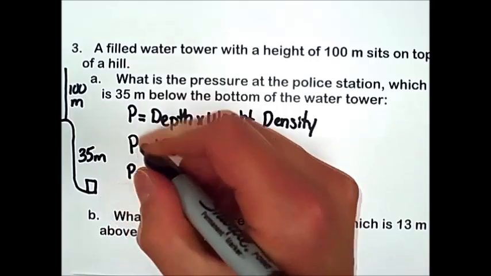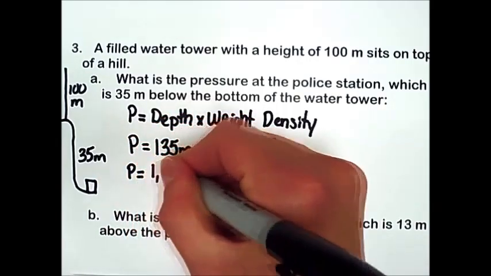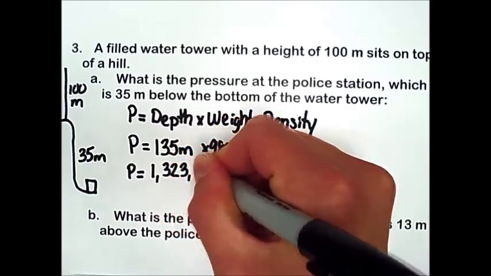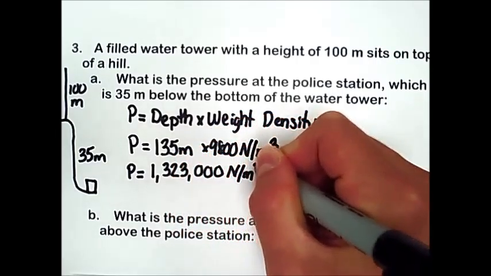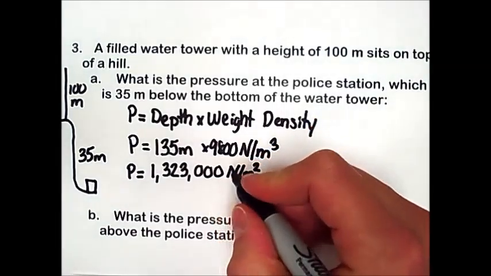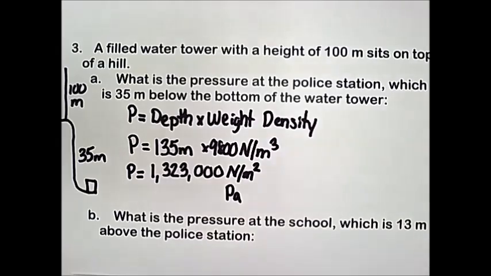Multiplying those two numbers together, we get approximately 1,323,000 newtons per square meter, which is the same thing as 1,323,000 pascals.